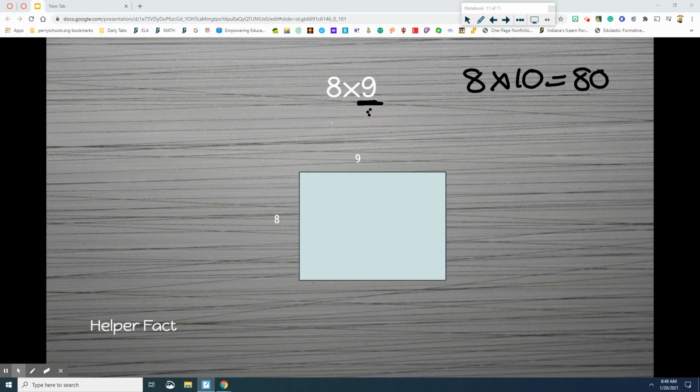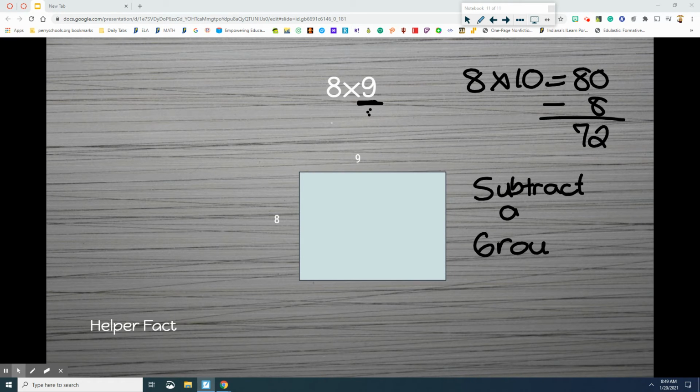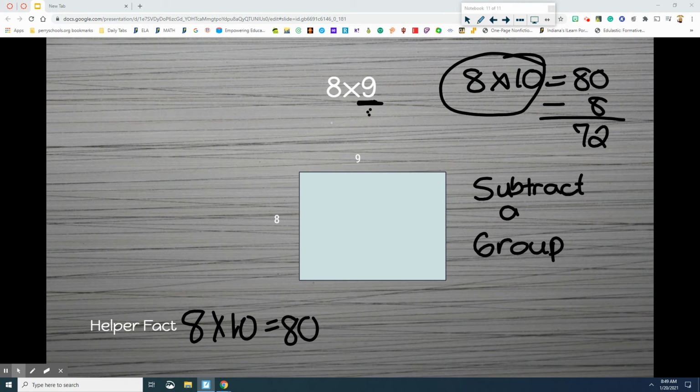So I'm going to get rid of one of my 8s, and that leaves me with 72. This is the subtract a group strategy. And my helper fact is what I use to get there. 8 times 10 equals 80. That's what I use to help me get to my answer.